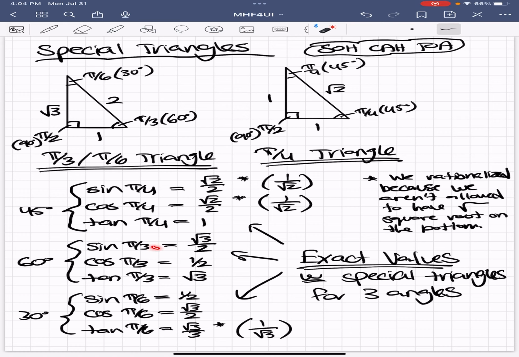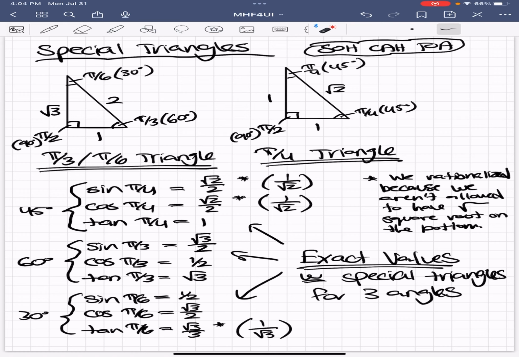And then we have sine pi over 3, which is root 3 over 2. We have cos pi over 3, which is a half. And we have tan pi over 3, which is root 3. So we have pi over 6. Sine pi over 6 is a half.